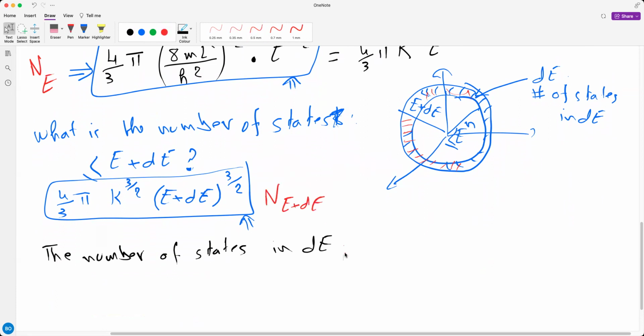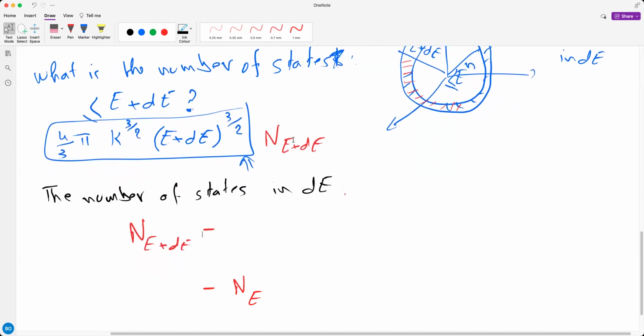All I have to do is the difference between the number of states that have an energy less than E plus dE minus the number of states that have energy less than E. Do you agree? Is this clear? Hello? Yes, Professor, it's clear. Okay.